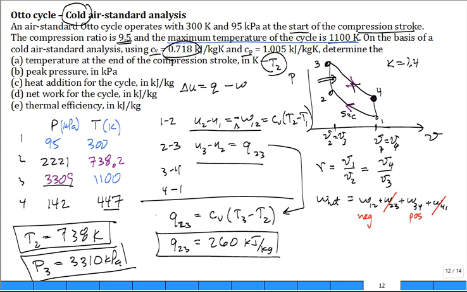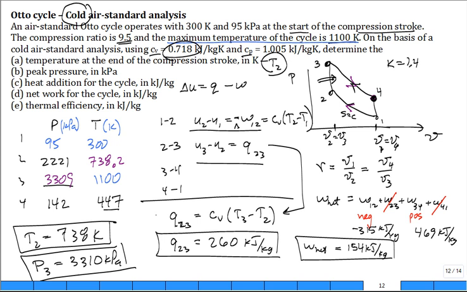So when you do that, you calculate that this work 1 to 2 is equal to negative 314.5 kilojoules per kilogram. The work 3 to 4 is a positive 469 kilojoules per kilogram. So the work net, trying to economize on space, is about 154 kilojoules per kilogram.